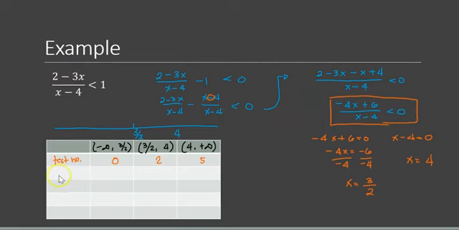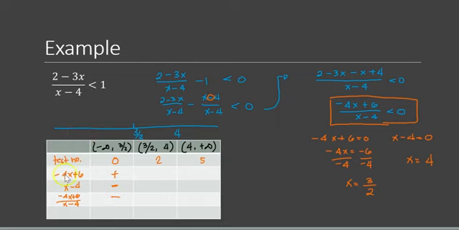So what's the numerator? Negative 4x plus 6. The denominator is x minus 4. Then we're going to divide the numerator and the denominator. So when x is 0, 0 plus 6 is positive. 0 minus 4 is negative, so this will be negative.